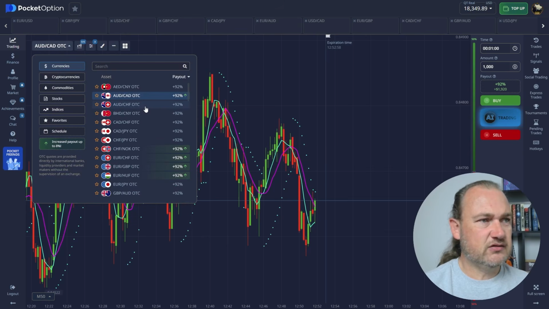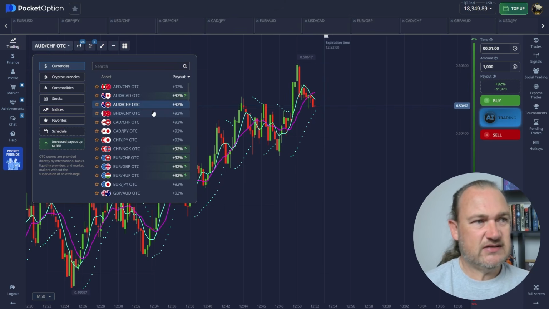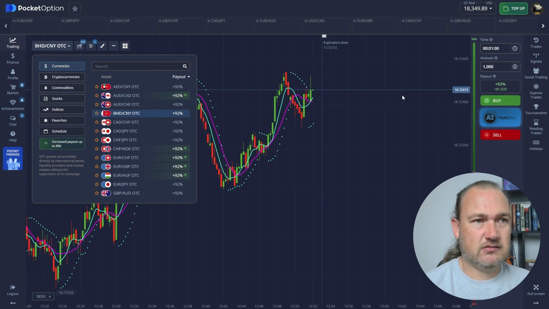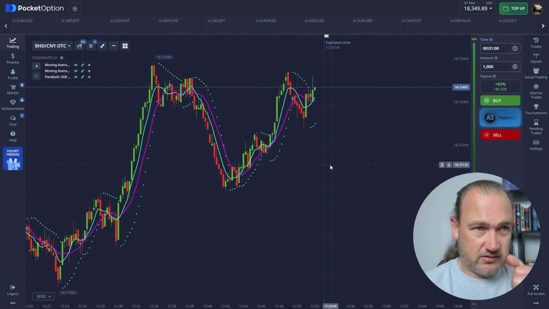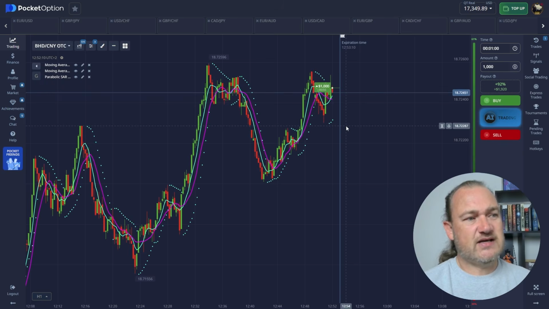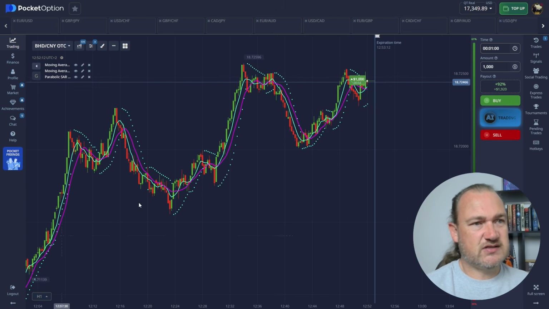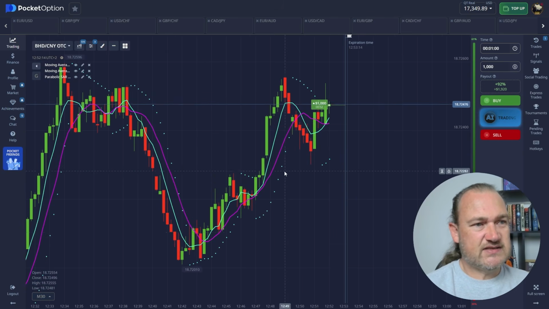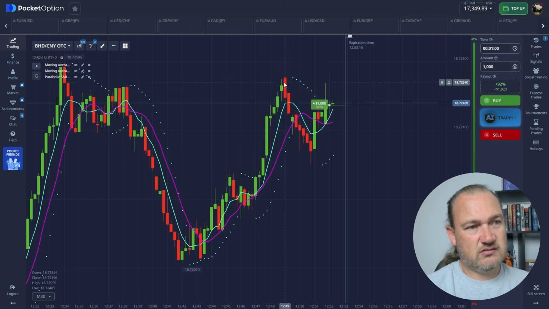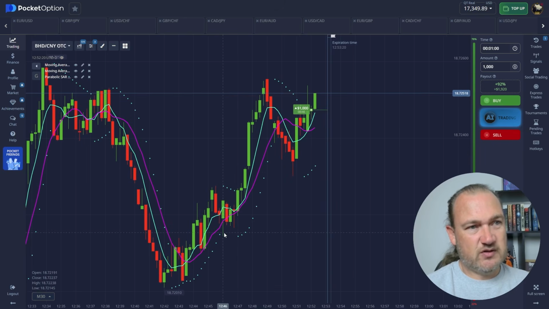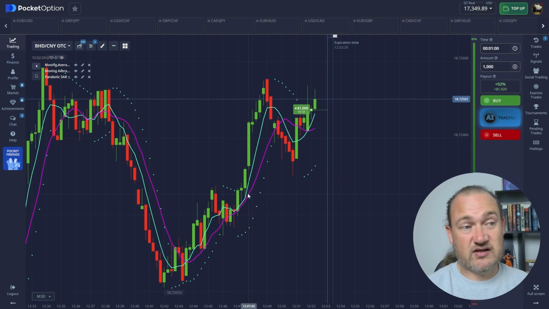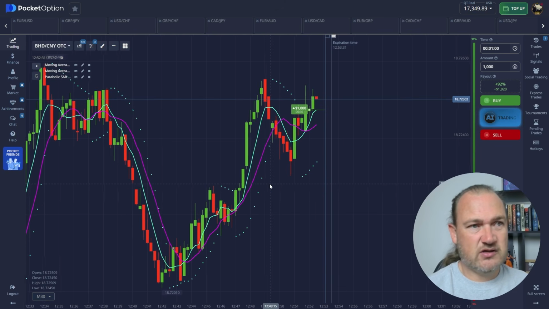So the first thing to remember, what we're going to be looking for is an asset that's trending. This should be a buy actually. Clearly price is moving upwards, and now we can see that we had this little push up here. And this was a correction in the push where price broke the parabolic and then pushed back upwards. These are the ideal entries where the moving averages don't even cross and they stay bullish.